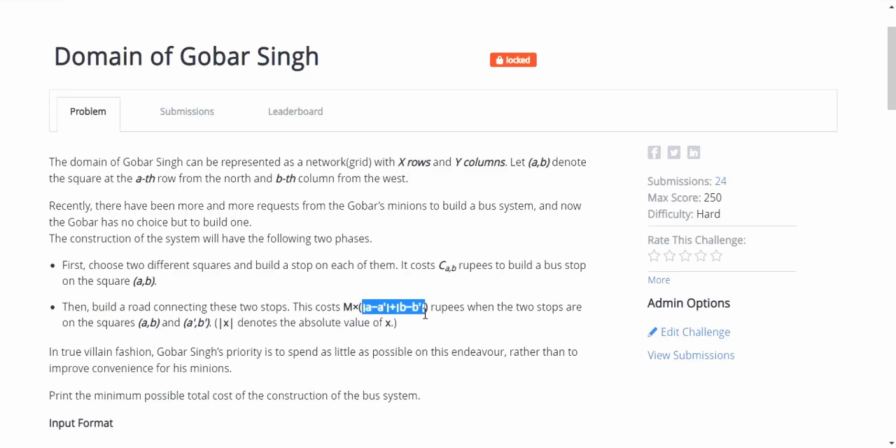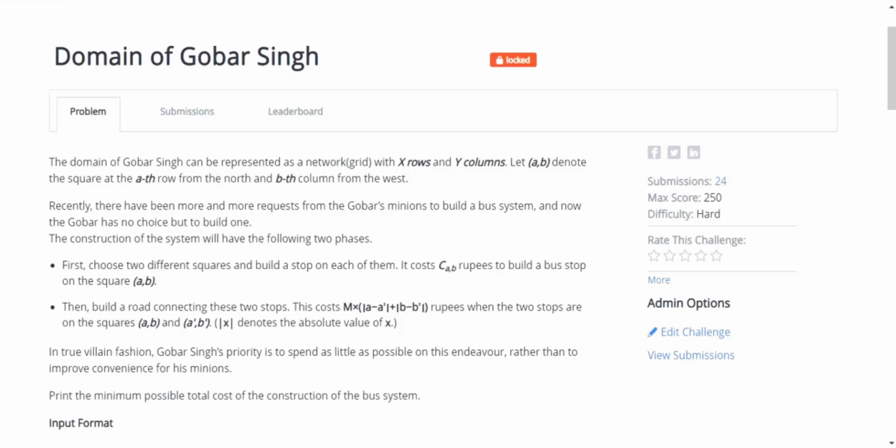Now we are multiplying it with m. M indicates, let's say I'm constructing a road from the current cell to the next adjacent cell. The cost for doing so is indicated by m.